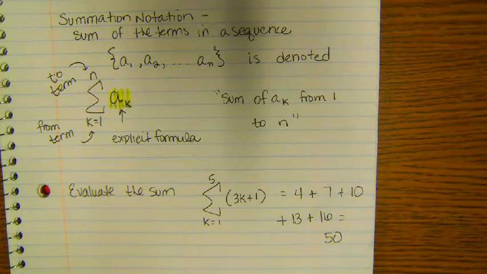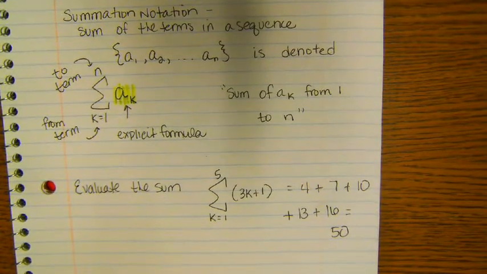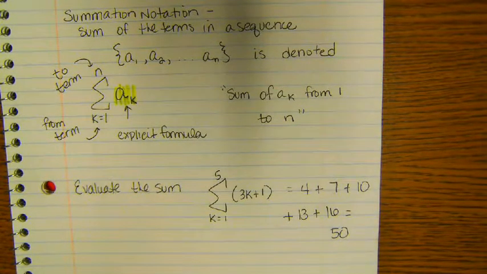Okay, so let's take one and see if you guys can figure out how to write them in summation notation, okay? And then we're going to talk about shortcut formulas for finding arithmetic and geometric ones.